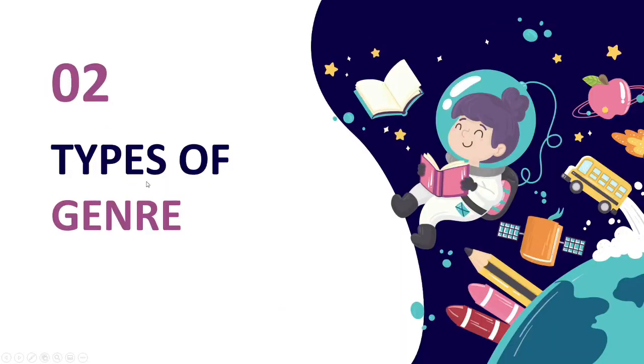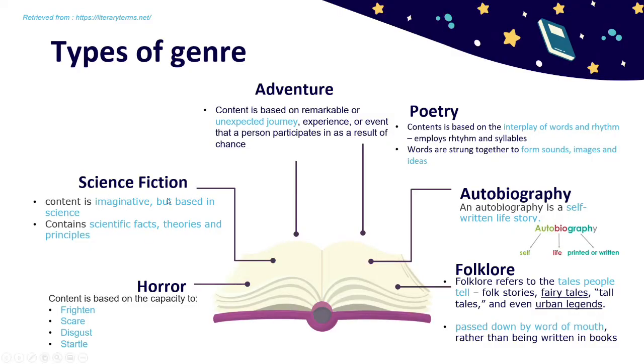Next, types of genre. Do you remember how many types of genre that we are going to learn? Yes, we will learn about 6 types of genre. So, here are the types of genre. The first one, let's look at horror, iaitu kisah seram.